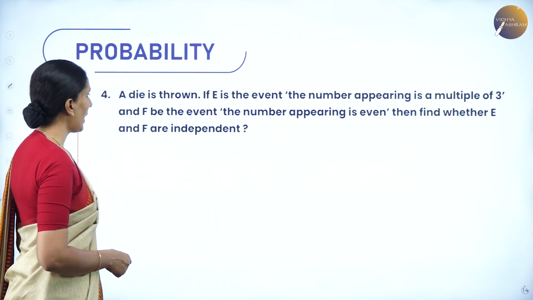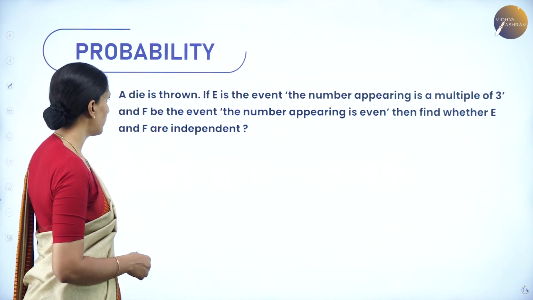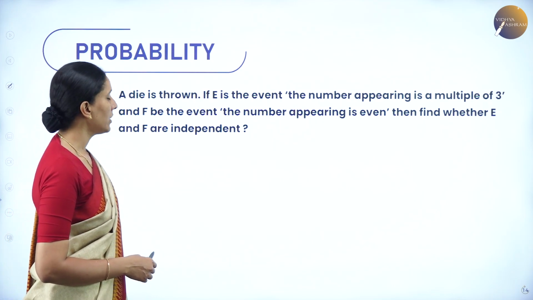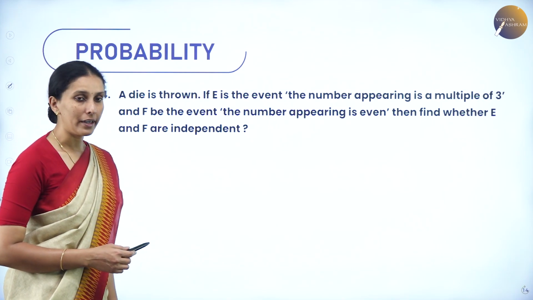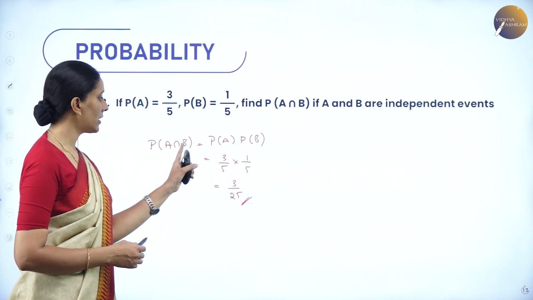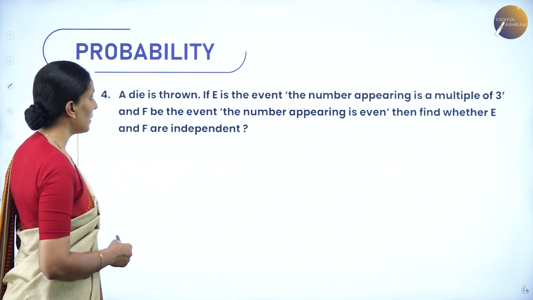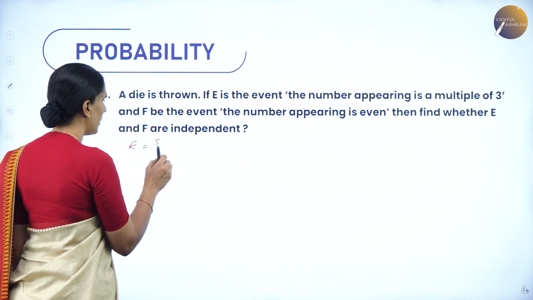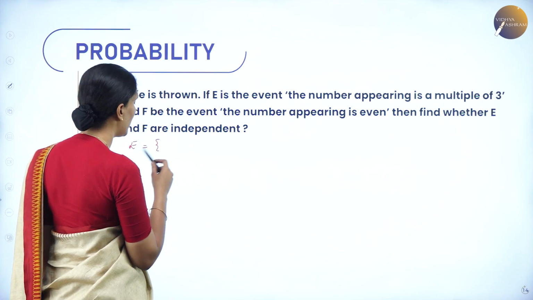Next question. A die is thrown. If E is the event, the number appearing is a multiple of 3, and F is the event, the number appearing is even. Find whether E and F are independent. So to find whether E and F are independent, we need to check whether the probability of E intersection F is the same as probability of E into probability of F. Here event E is given: the number appearing is a multiple of 3 when a die is thrown.